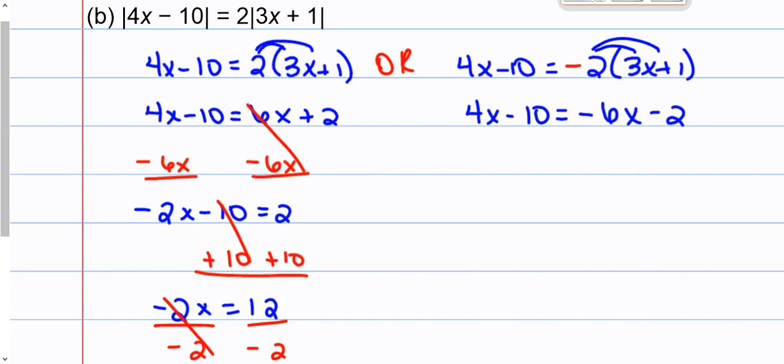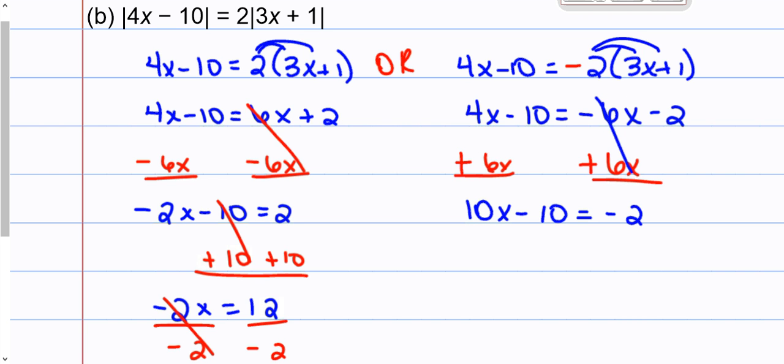So now let's go ahead and move all of our x's to the left side. We have a negative 6x, so we're going to add 6x to both sides. 4 plus 6 is going to give me 10x minus 10 equals, they cancel here, and then I'm left with minus 2. Now keep on solving.